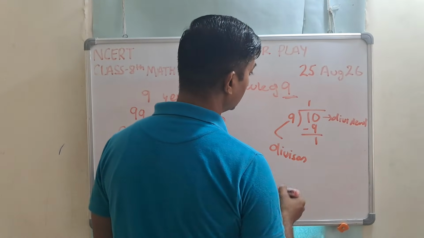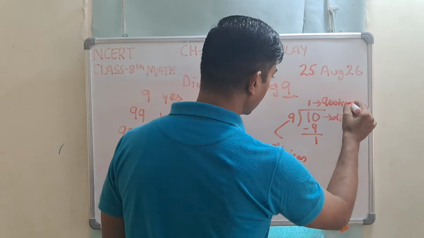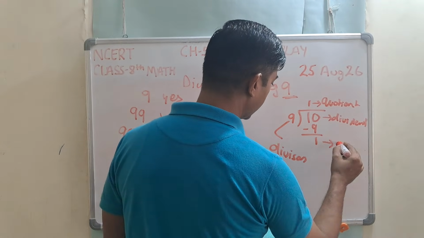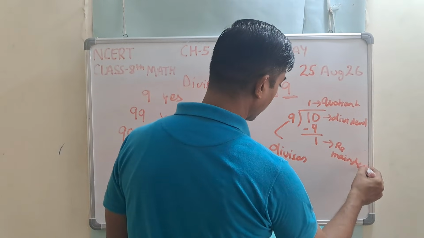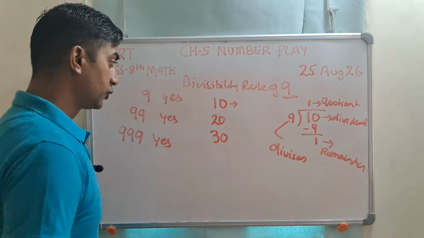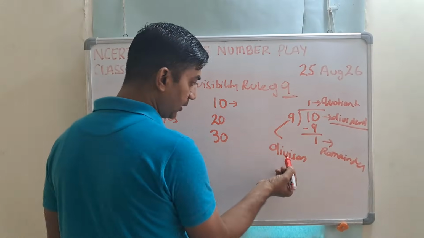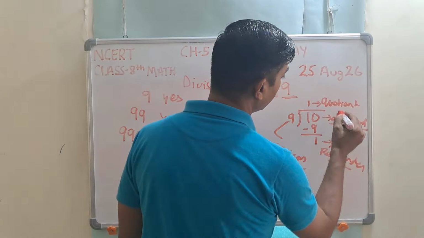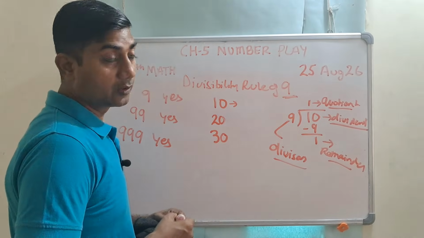Dividend. What is this? Quotient. And what is this? Remainder. Understood? So we will represent this dividend in terms of divisor, quotient and remainder, and we will observe what pattern we can see.